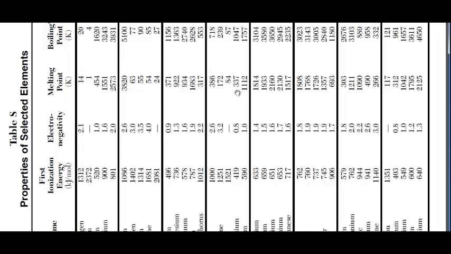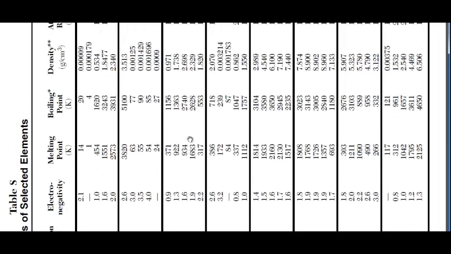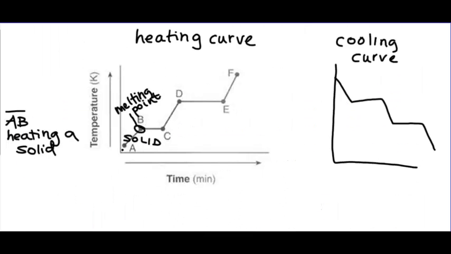But if we're at 950 in this room, aluminum would be a liquid, okay? And 2740 is its boiling point. So if it were 3,000 Kelvin in this room, then aluminum would be a gas. Okay? And they have different properties, solids, liquids, and gases. I kind of think you guys know that because you've been talking about that a while.